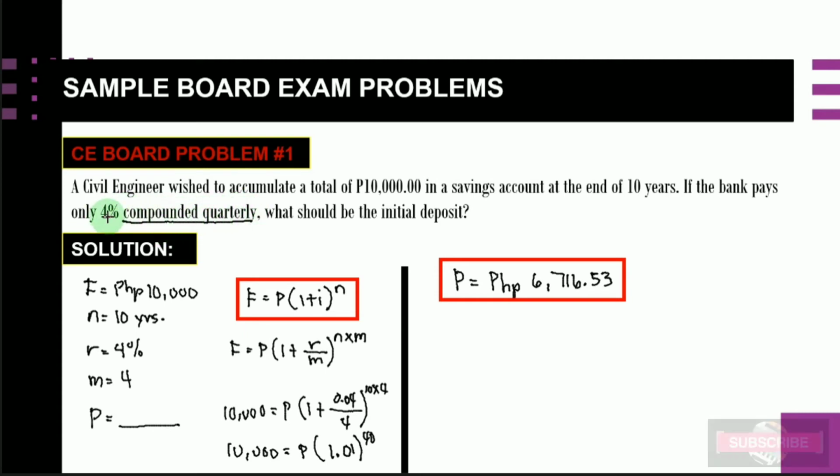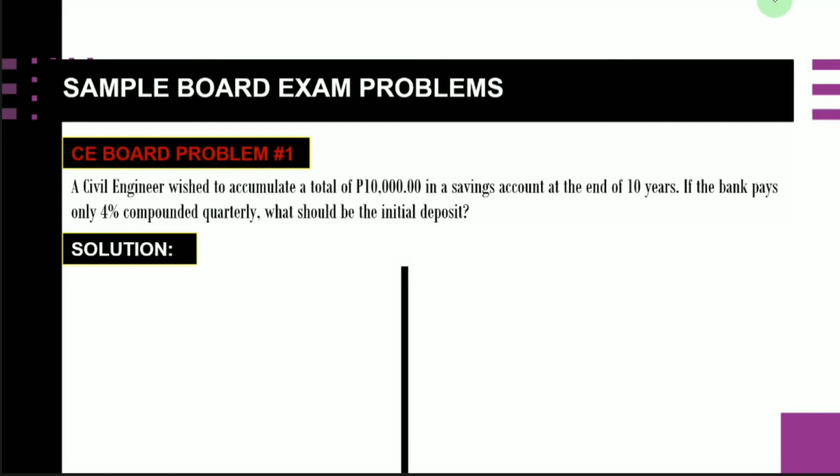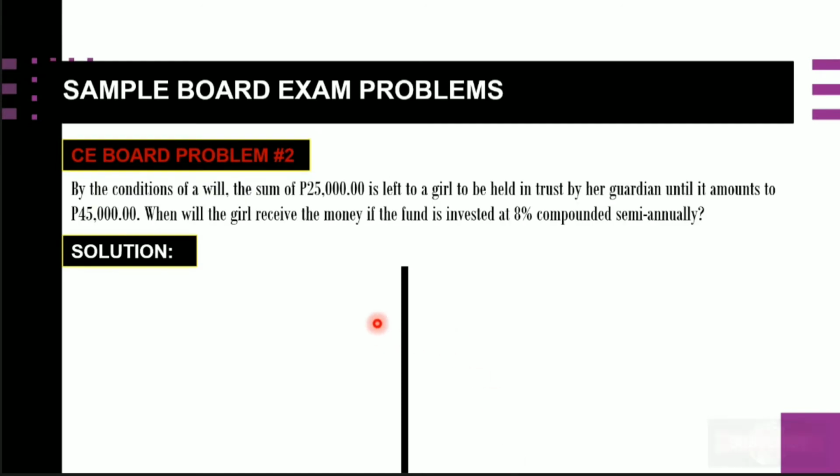So ang interest rate nga nag-follow sa iya is mao na inyong R, mao na inyong nominal interest rate nga R. And then afterwards you are going to solve the problems based on our formula. Okay? So mao ni siya para sa CE board problem number 1, and we will proceed directly now sa sunod nato nga board problem number 2.